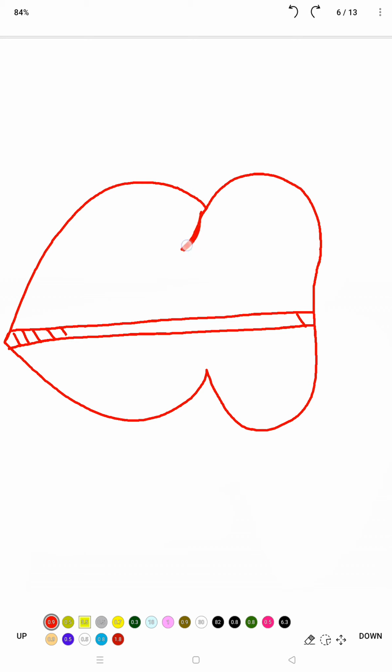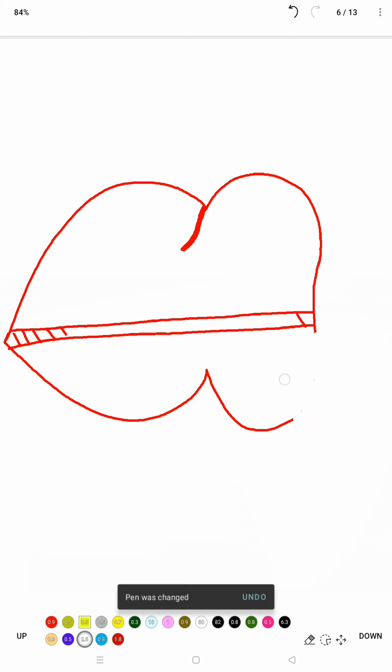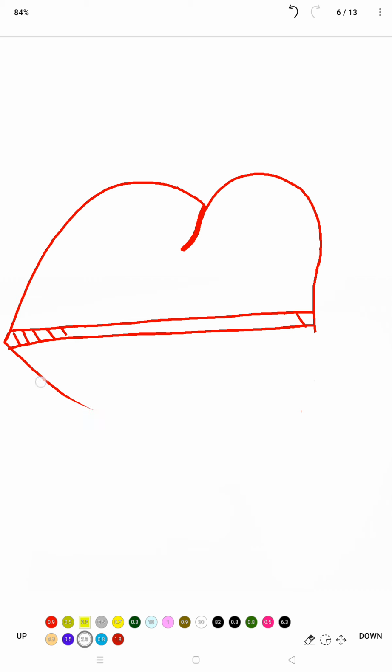This is the tricuspid valve, and in between the left atrium and left ventricle, the bicuspid valve is present.